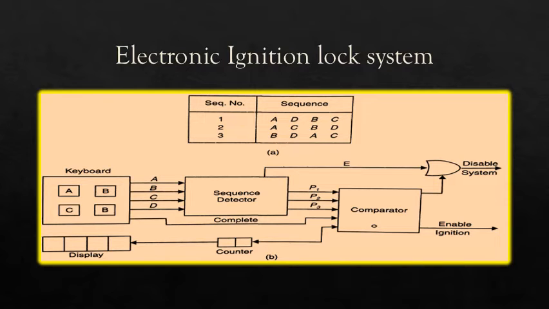The keyboard is so constructed that each button may be pushed only once for a given sequence. A 1 level will be supplied to the comparator by the keyboard on a line labeled complete after the 4th button has been depressed. The comparator will ignore any pulse input occurring before complete is equal to 1.